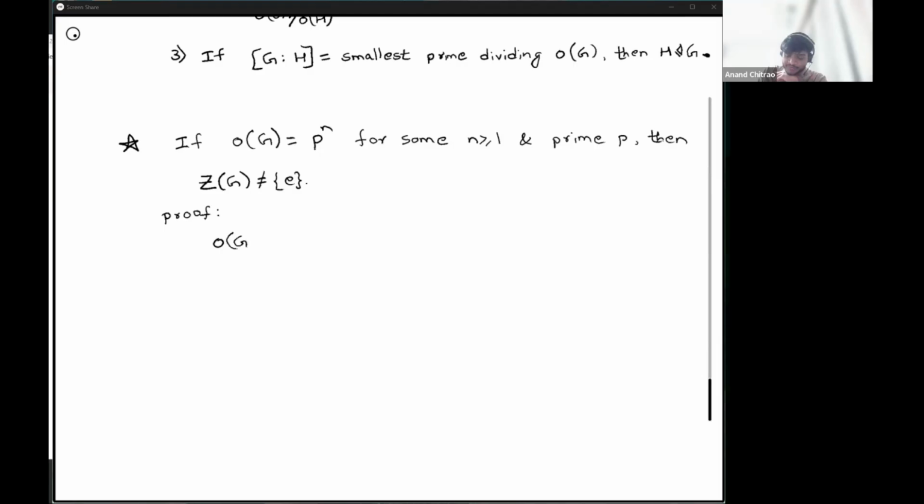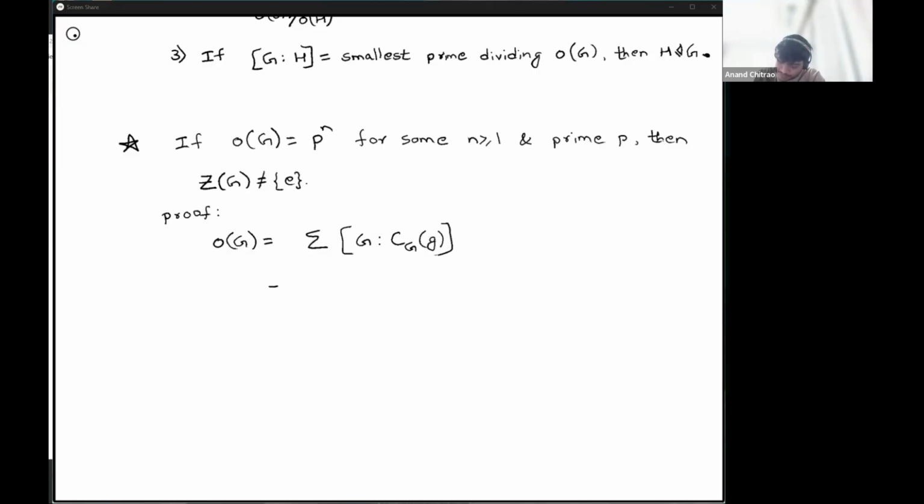So order of G equals the summation of these indices, G colon Cg of little g, right? Now you can separate some of these indices out. If you take g to be some element in the center, then Cg of g is the whole of capital G, because every element commutes with g.